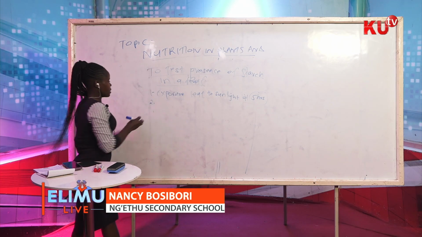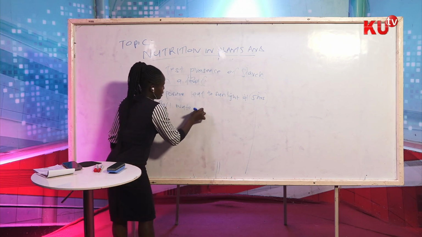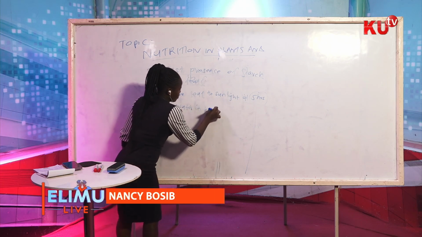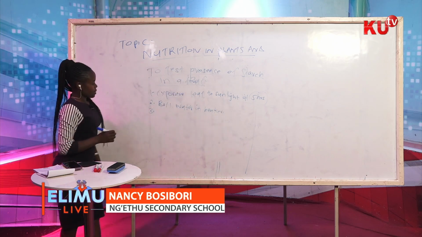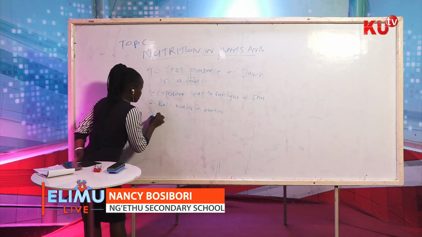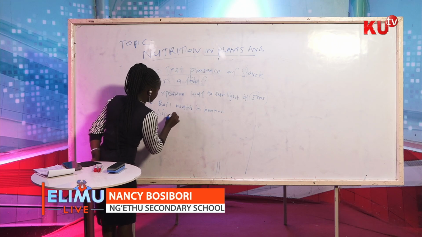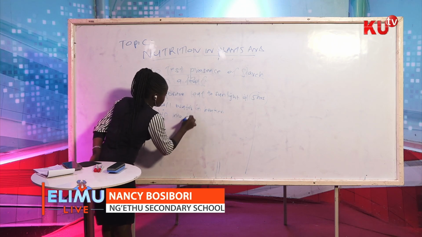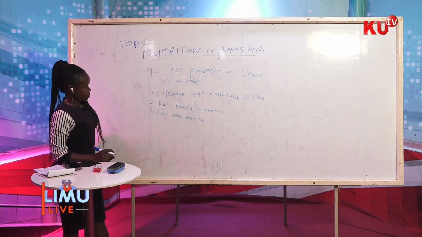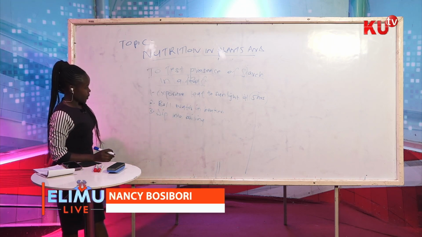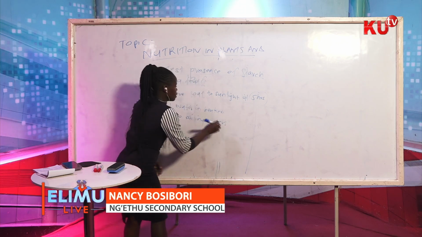The next step is what? Boil water in a beaker. Then the next step is to dip the leaf into the boiling water. Dip the leaf into the boiling water.